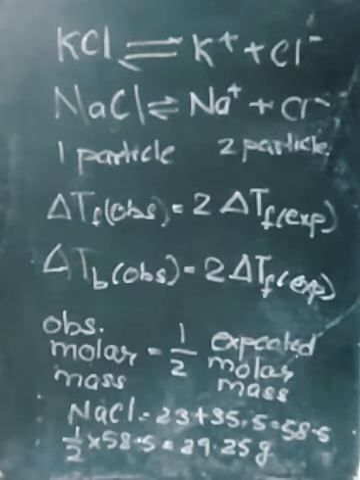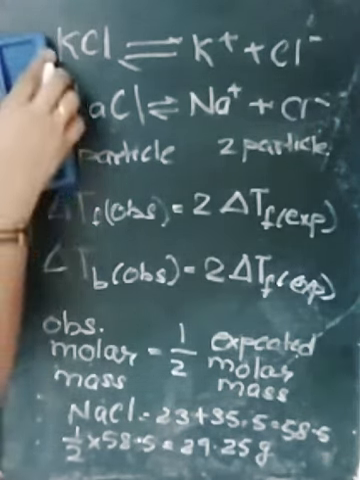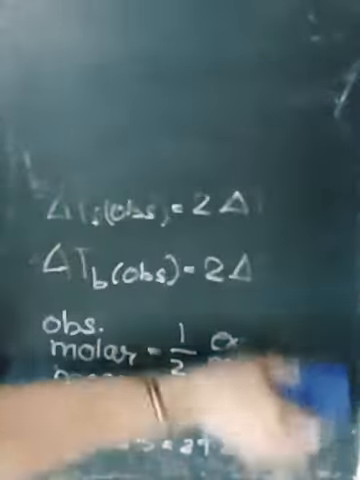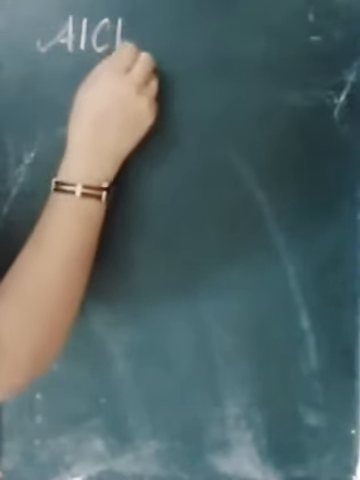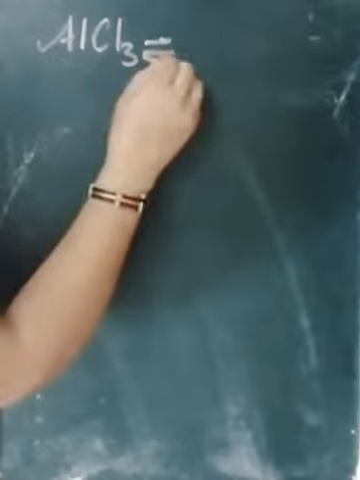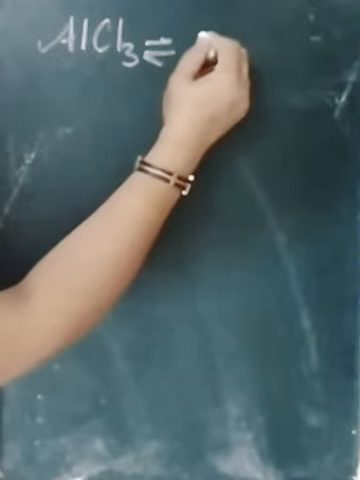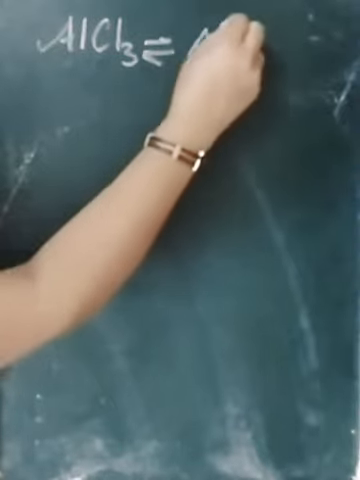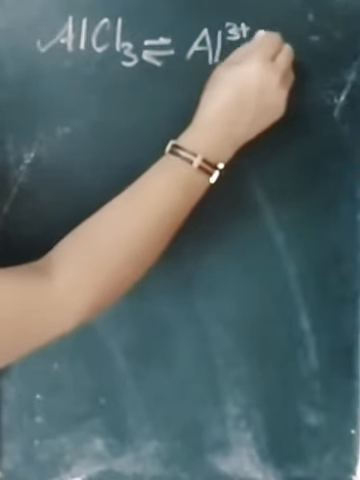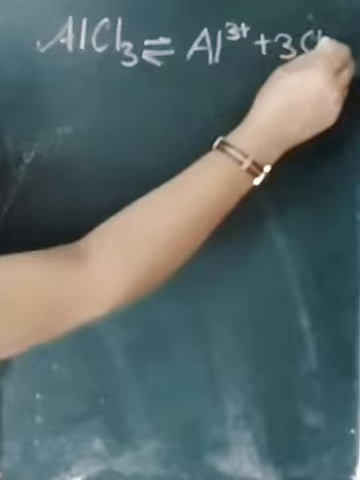Now let us see others like AlCl3, aluminium chloride. It will break into Al3 positive plus three Cl negative.